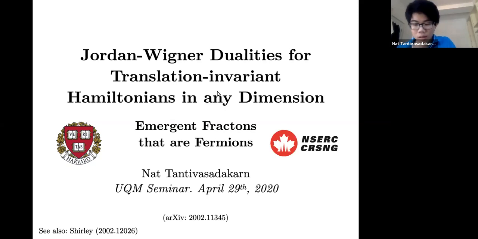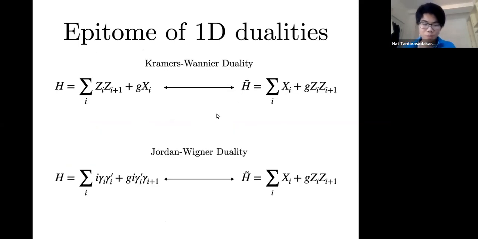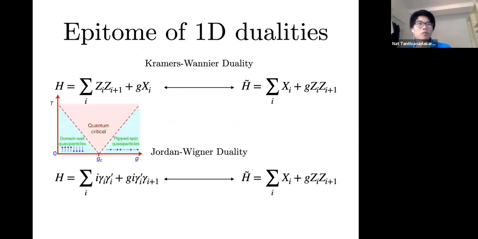In 1D, there are two well-known dualities that we know and love: the Kramers-Wannier duality and the Jordan-Wigner duality. The Kramers-Wannier duality says that if I have a transverse field Ising model with this parameter g, then there are two main phases. Here, I stole a picture from Subir's website.